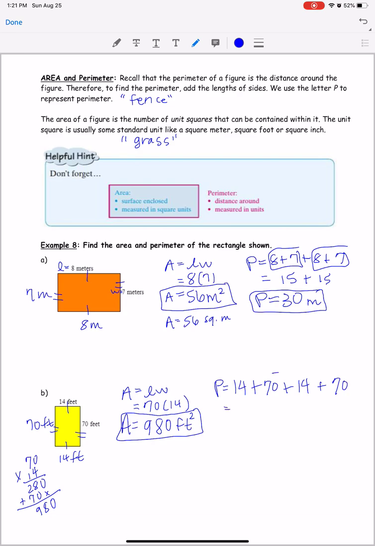So 14 plus 70 is 84. 14 plus 70 is 84. And 84 plus 84 is 168. And my unit is just feet. And it's perimeter, so it's not squared. All right, that's all I have for this lesson. Let me know if you have any questions.